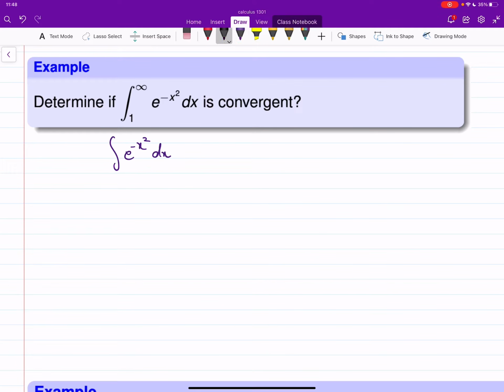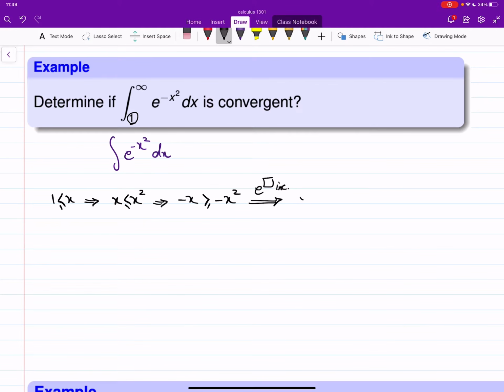Okay, so how do we compare? I want to start with the point that we are only working with x bigger than or equal to 1, yes? There is that x squared in the power of e, so I will multiply both sides by x. This will give me x squared is bigger than or equal to x. There's a minus sign there, and when I multiply by it, that changes the direction of the inequality. Then we know that the exponential function is increasing.